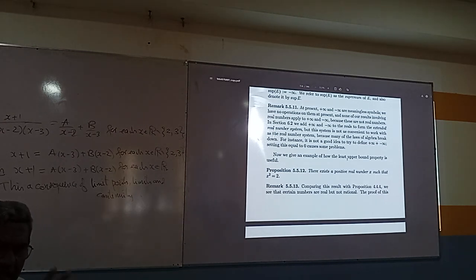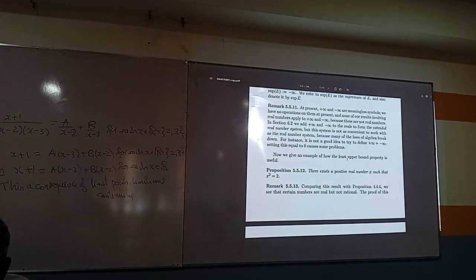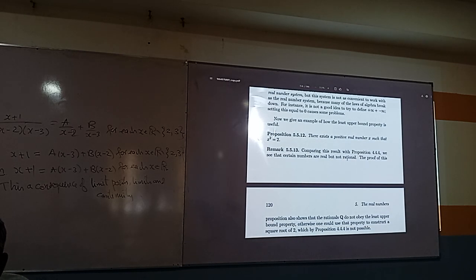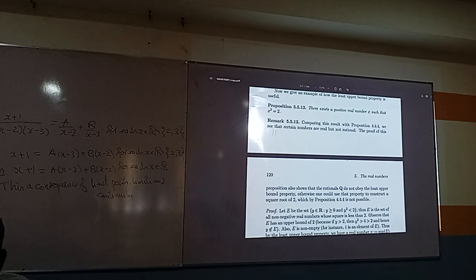Understand? There is no rational number x such that x squared equals 2, but definitely there is a positive real number x such that x squared is equal to 2. So this is an important theorem. As a result, we should go through it.